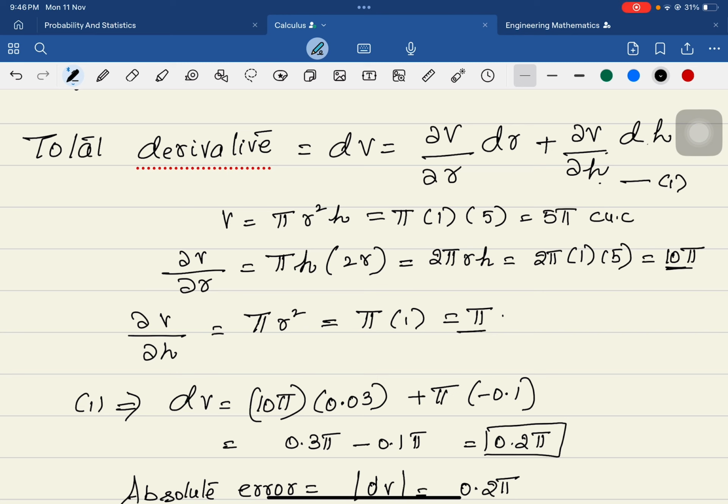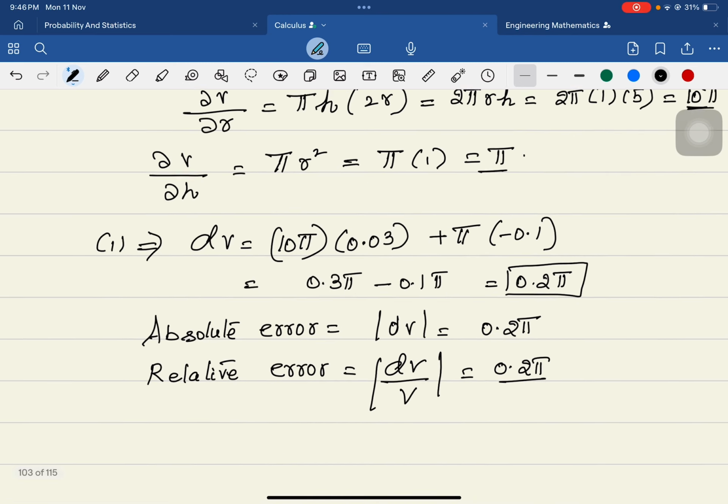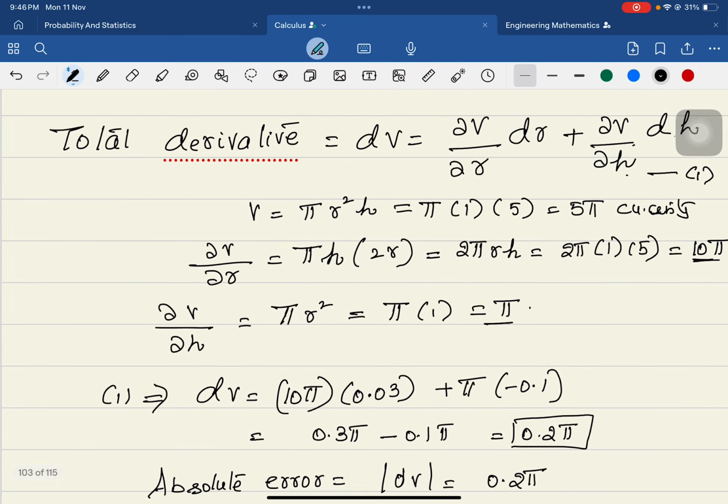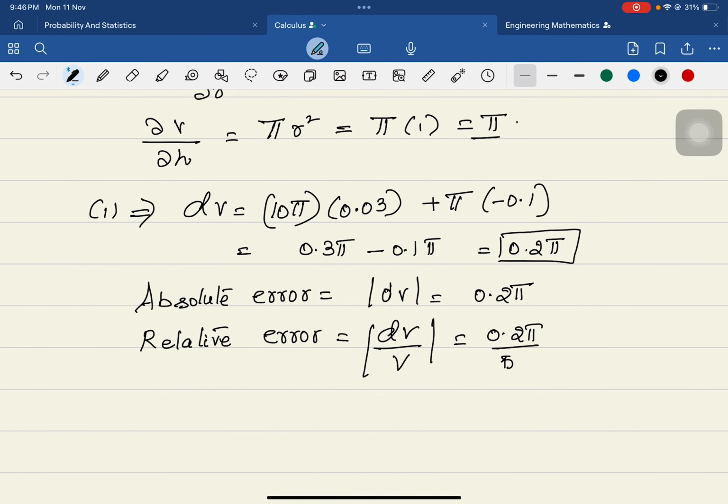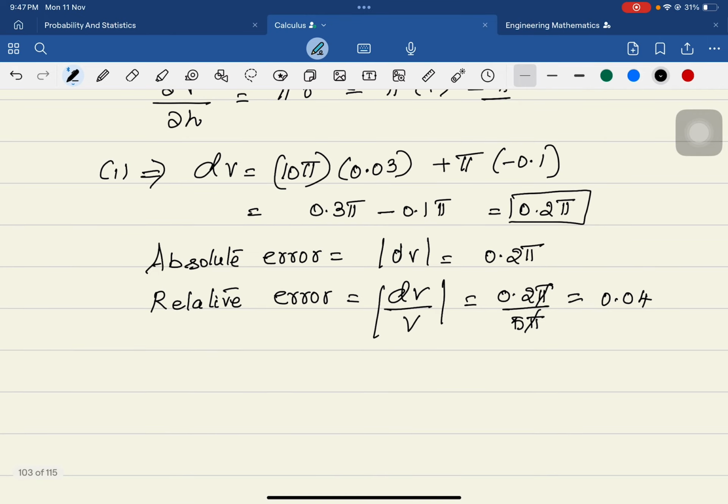That we have done already. Now we plug it here: 0.2 pi by 5 pi. Pi gets cancelled, and 0.2 by 5 gives you 0.04. So the relative error is 0.04.